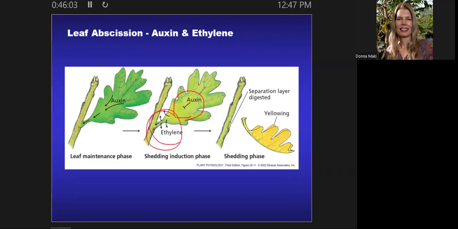And ethylene is being produced in the petiole, which then causes an abscission zone, which is a weakening in a line of cells right there where the petiole attaches to the stem. And if you get a nice weakening, eventually that leaf will fall off. And so they know that it's a process of oxygen levels going down, ethylene coming up, and that causes the abscission zone.